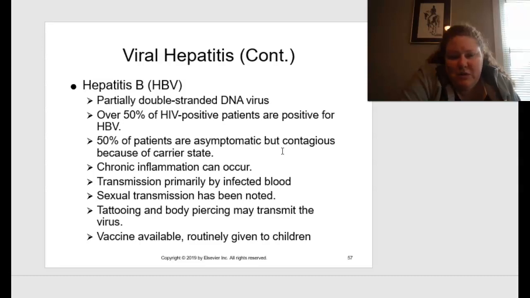Sexual transmission has been noted. So this is the one that you potentially could get from tattoos, like dirty tattoo needles, body piercings, drug addicts, right? This is the one they get when they share needles, etc. There is a vaccine available now, and this is routinely given to children. The Hep B vaccination has only come out within the last 5-10 years. So that's pretty cool.